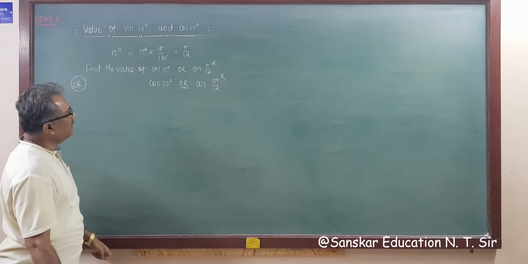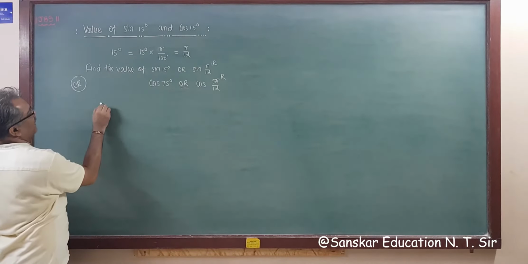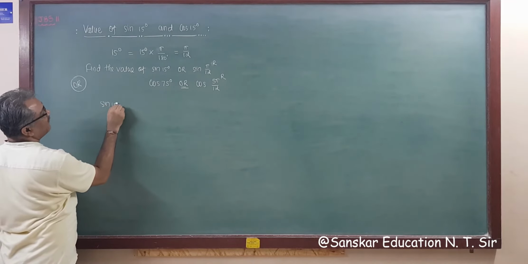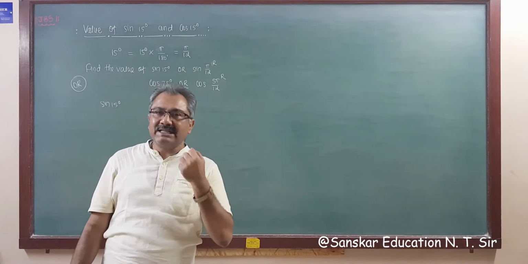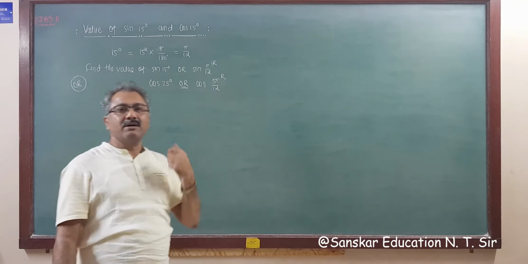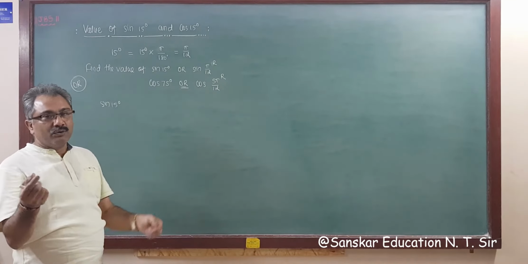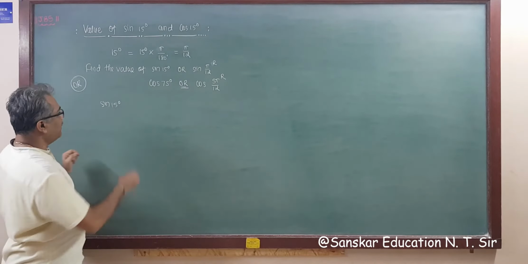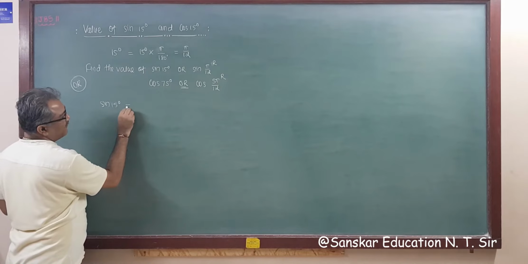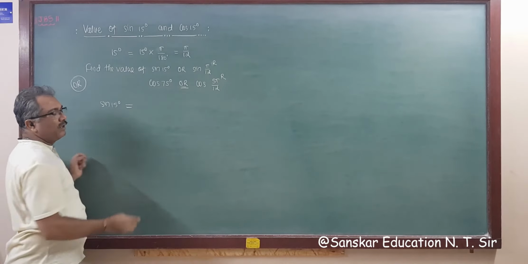Okay, so we are going to find in degree measure sine 15 degree. To find this value, you have to take two known angles whose sum or subtraction is 15 degree.